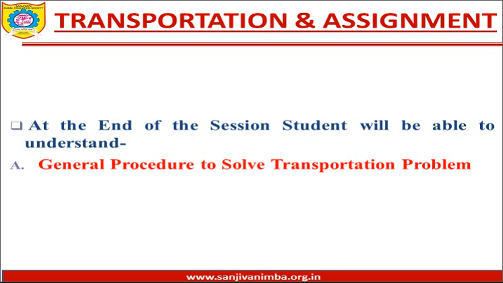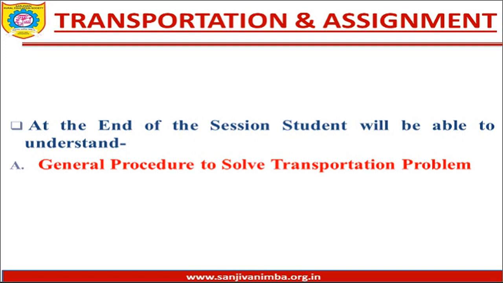An initial feasible solution was the solution which is fulfilling the condition of demand and supply, whereas that may or may not be an optimal solution. Whereas an optimal solution is the solution which minimizes the cost of transportation. You can get the initial feasible solution with the help of three methods. One was NWCM method, that is northwest corner method.